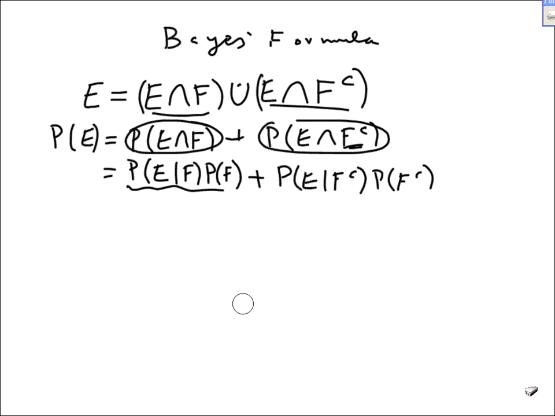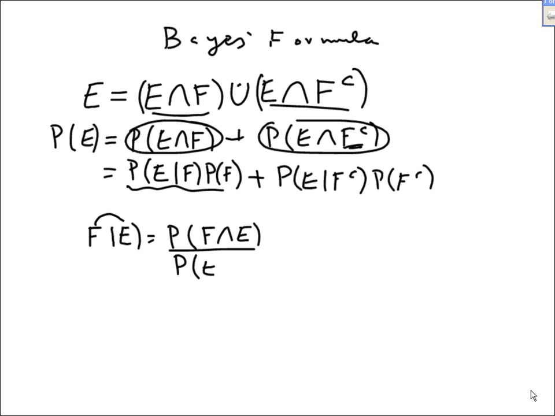I'm in a position now to write down one version of Bayes' formula. The probability of F given E is equal to the probability of F intersect E, or probability of E intersect F, divided by the probability of E. Actually, okay, and this is equal to.